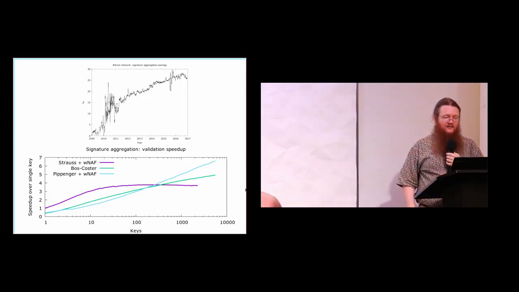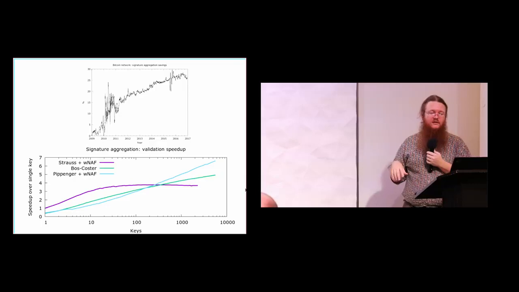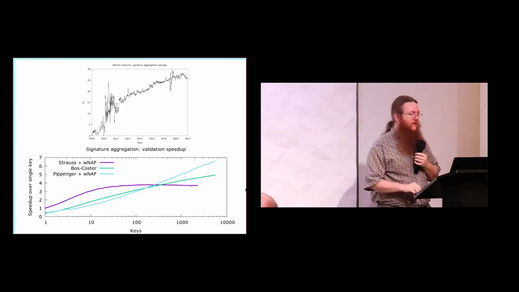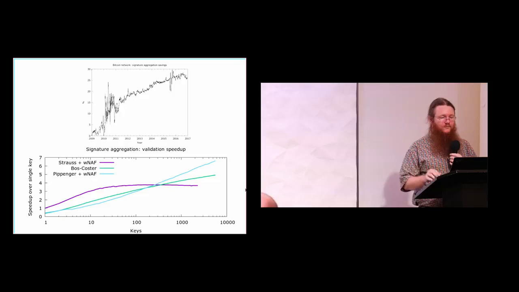At the 1,000 key level, so if you're making a transaction with 1,000 keys involved, a lot of multisigs, a lot of inputs, or batch validation, we can get a 5x speed up over the single signature validation time. So it's a pretty good speed up. This has been work that mostly Peter, Andrew Poelstra, and Jonas Nick, who's here tonight, have been working on, trying to get all the performance out of this that we can.